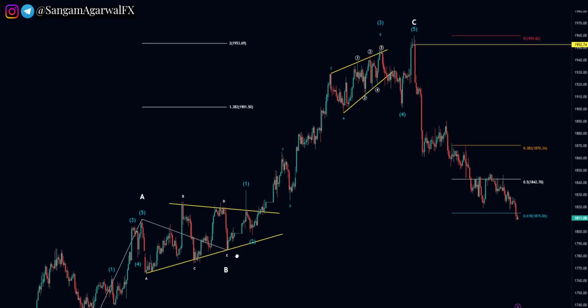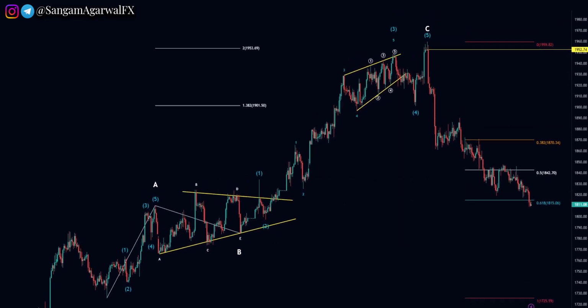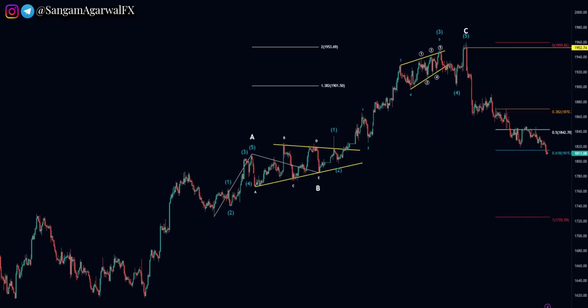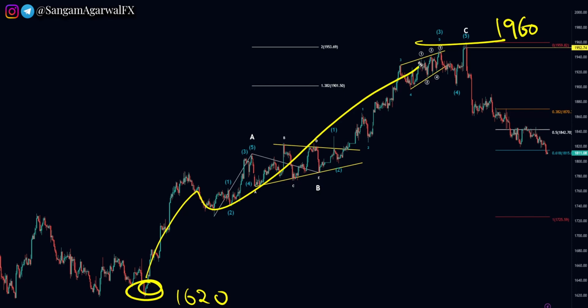And there is one more thing written in the book, if you read carefully: if wave counting is extended in multiple levels, and here from this bottom near 1620 to this top near 1960, all the wave counts of multiple stages, all the extended waves were ending at the same time at 1959.